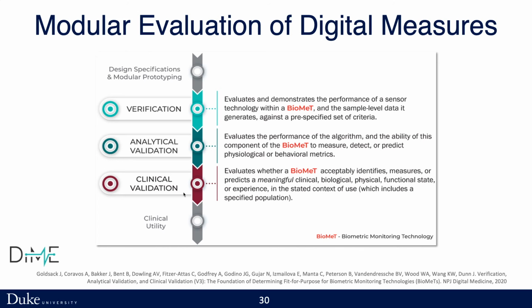And then finally, with clinical validation, we're evaluating whether a biomet acceptably identifies, measures, or predicts a meaningful clinical, biological, physical, or functional state or experience in the stated context of use, which includes a specified population.